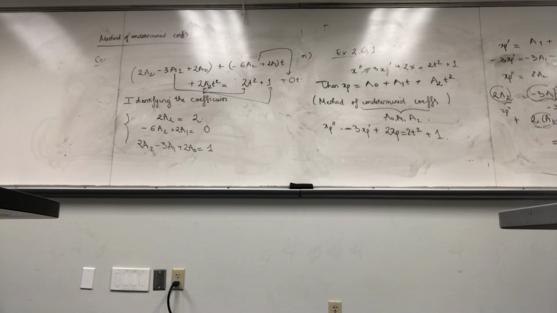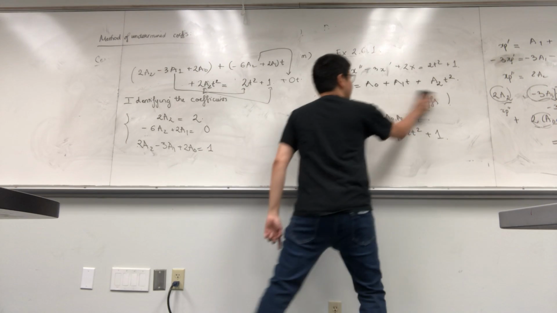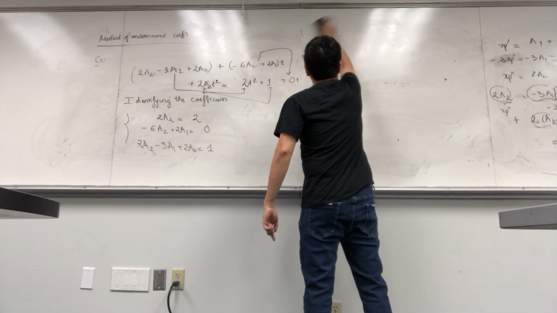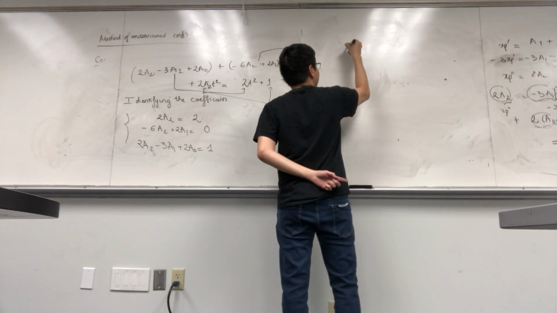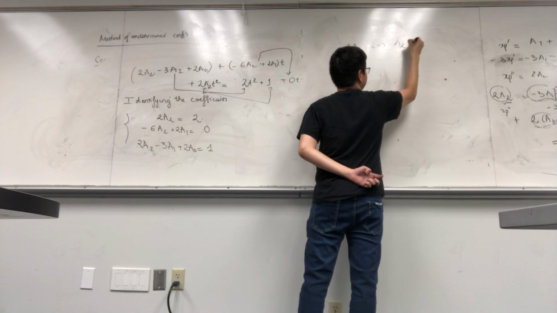So, how can I solve this equation? Yes? Yeah, so first you just start with 2a2 equals 2. Just divide both sides by 2, you get a2 equals 1. Alright, so now because 2a2 is 2, then a2 is 1.